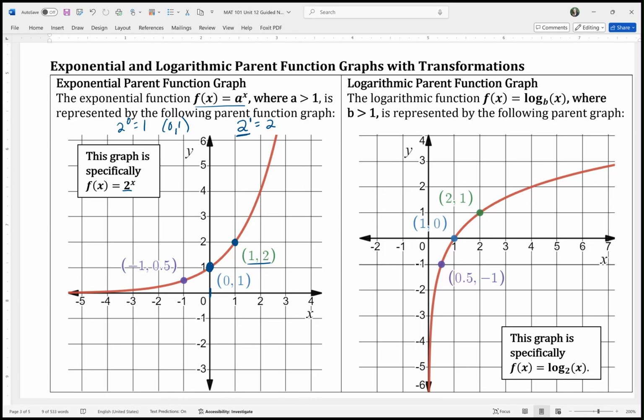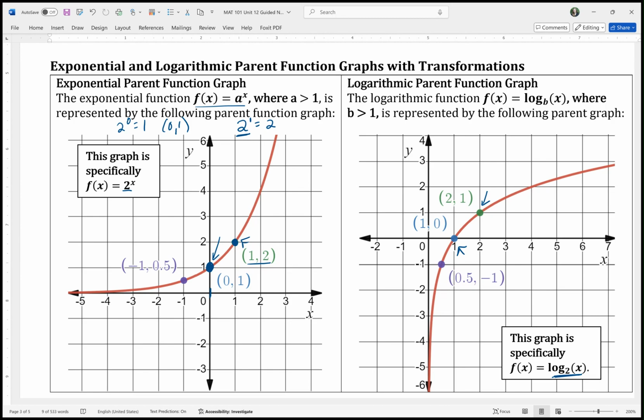So how does this apply to this? Well, if our original was 0, 1, then our inverse, our log function, is going to be 1, 0. As you see, that's x and y flipping. In the same way, if I have 1, 2, and I flip that, I get 2, 1. So this specific graph is log base 2. How do I apply this base of 2 to this problem?